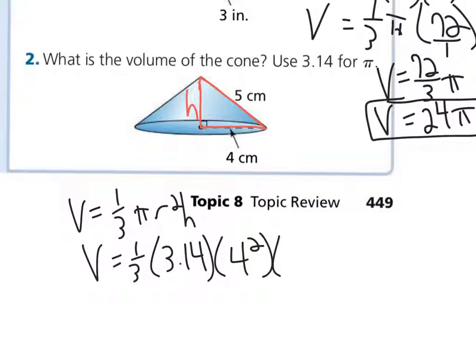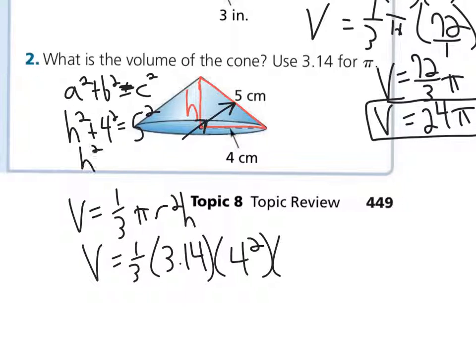Height goes straight up and down. So what we have to do here is use Pythagorean theorem. A squared plus b squared equals c squared. Hypotenuse, the longest side, is always across from the right angle, which would be the 5. So height is one of the legs, the other leg is the 4.